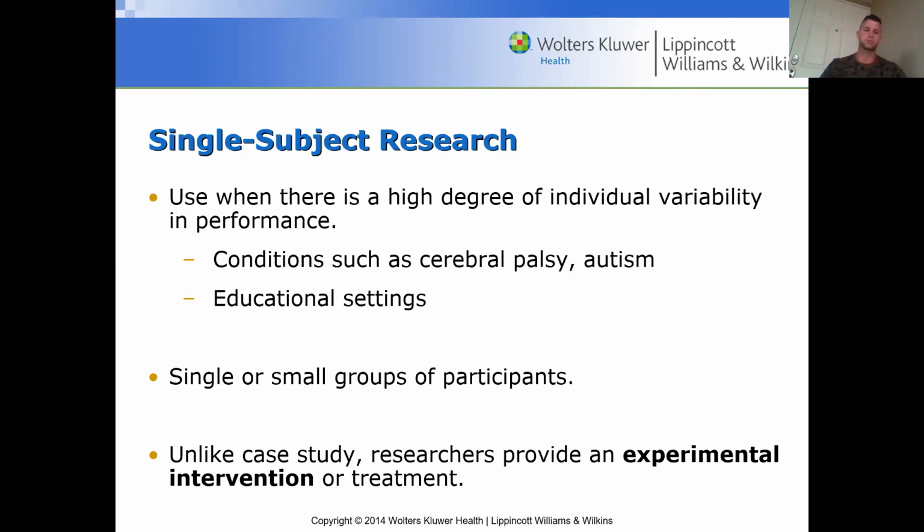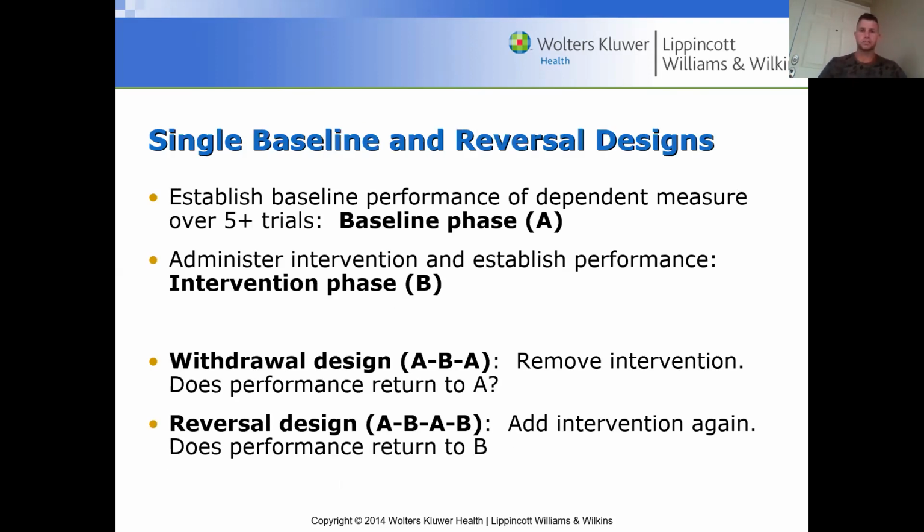Basically, you're going to do an experimental intervention that is for that person, because they are an individual, and even though they may share obesity with millions of other people, their journey to obesity is very individual. And so you're going to treat it as single subject research, and how you approach helping that individual overcome that. Single baseline reversal design: establish baseline performance of a dependent measure over 5+ trials.